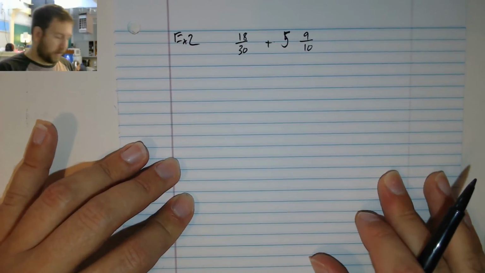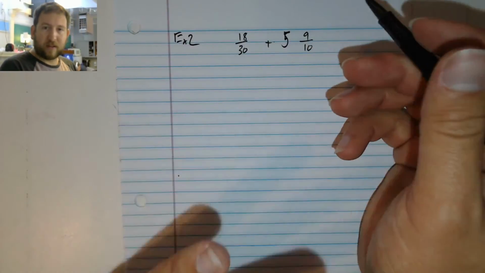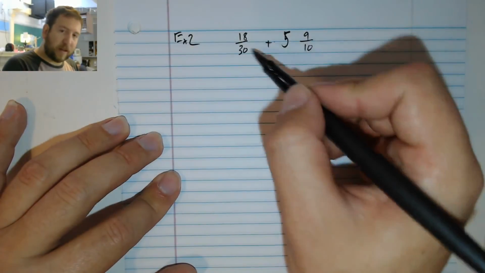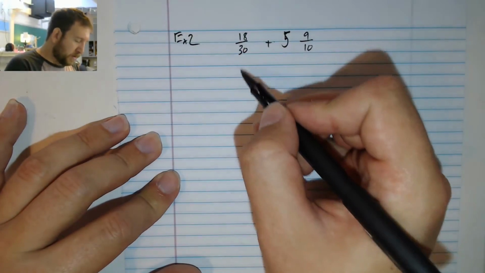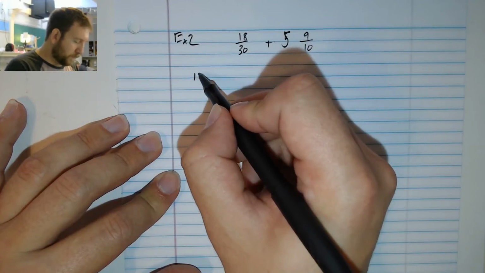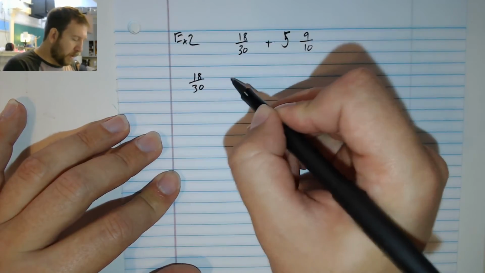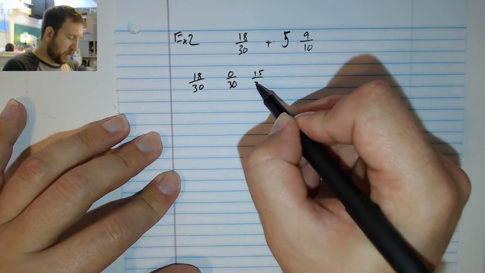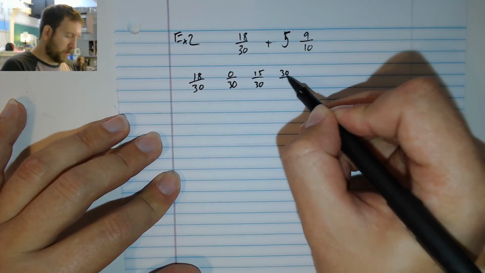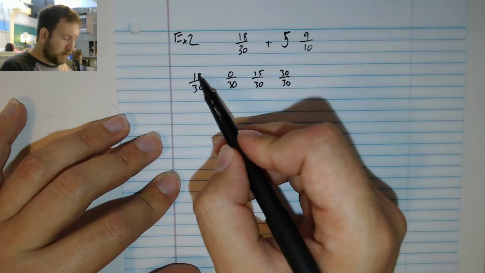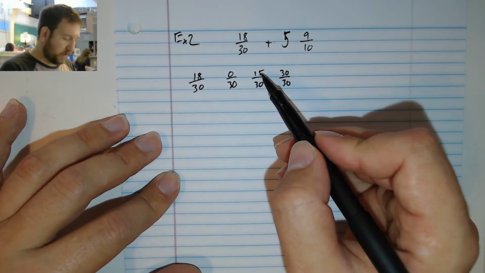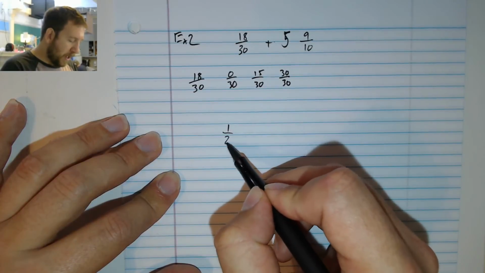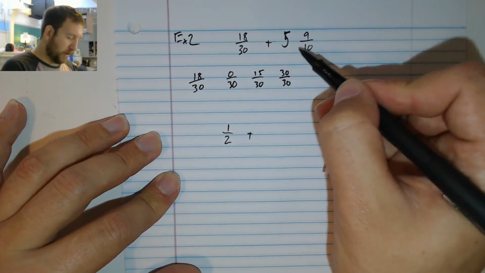My 5 is going to stay, I don't have to worry about that. I'm going to be looking at these fractions specifically. So let's look at the 18/30. Is it closest to 0/30, 15/30, or 30/30? Well, if I look at this 18, it's clearly closest to 15, and that's going to be my half. So I'm going to write 1/2 plus.